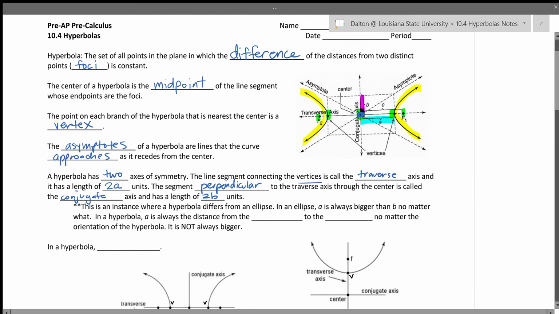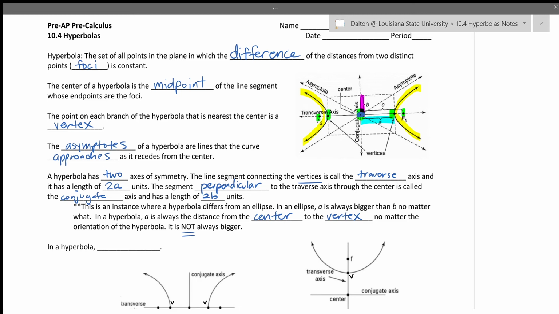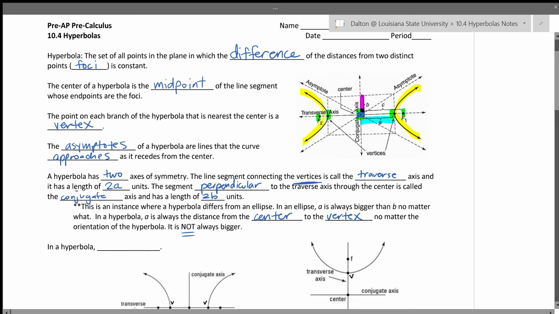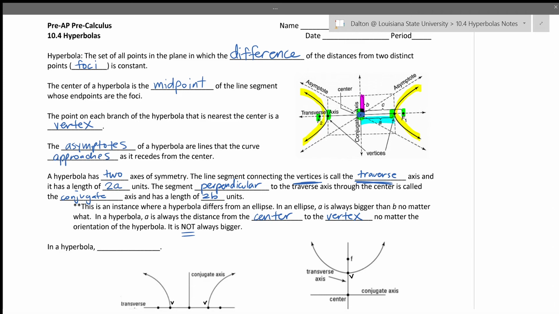In a hyperbola, a is always the distance from the center to the vertex, no matter the orientation of the hyperbola. It is not always bigger. So that's why we don't use special words for the axes like major and minor, because it really doesn't matter which one's bigger. The transverse will always connect the vertices. I will say that one's like the main axis. Sometimes it's bigger, sometimes it's smaller than the other one, which is the conjugate one.